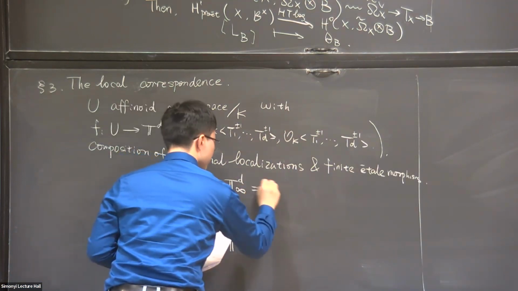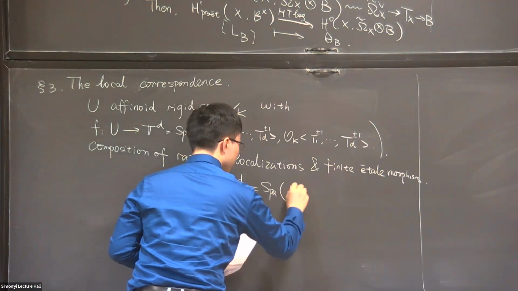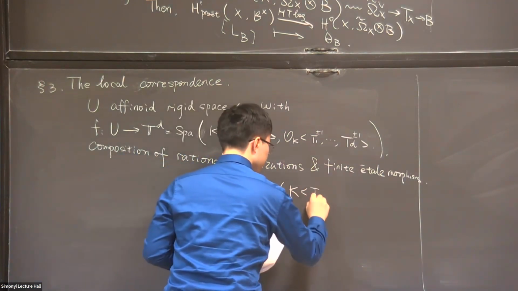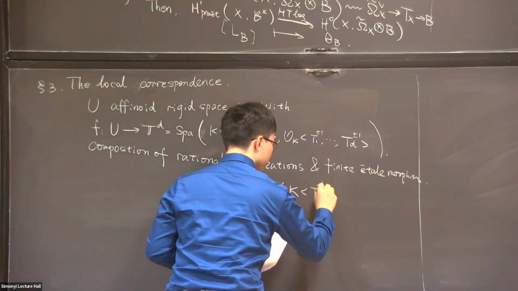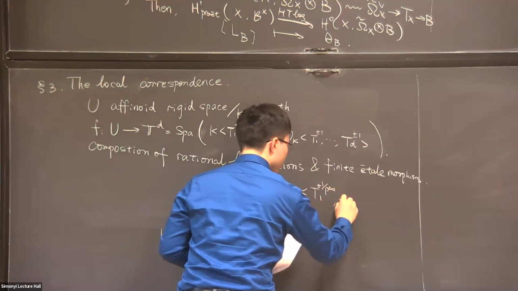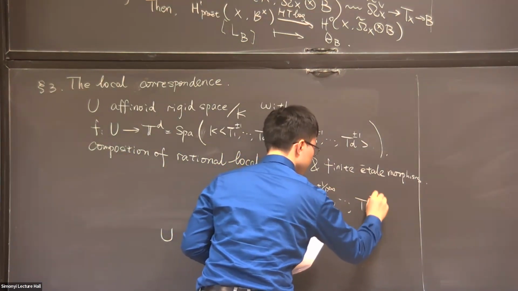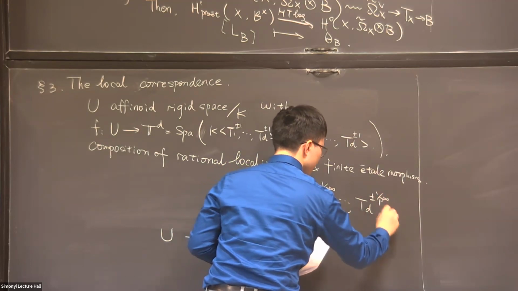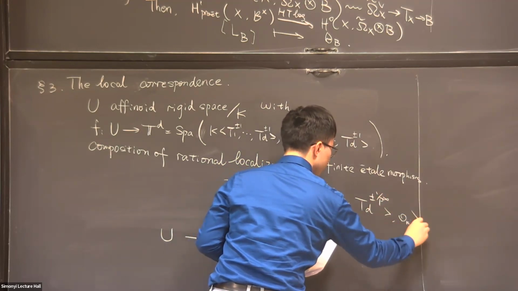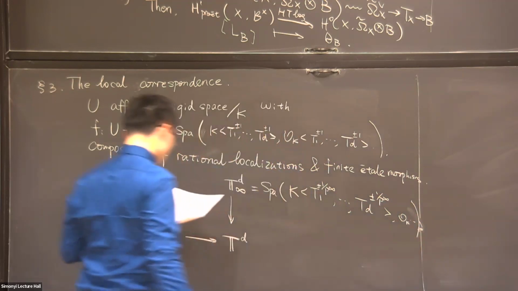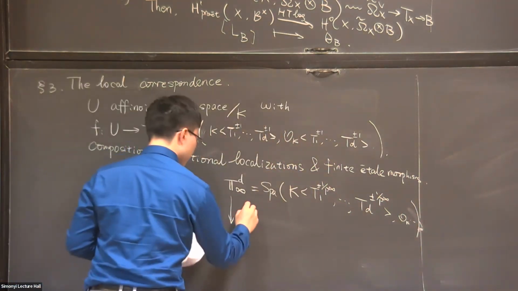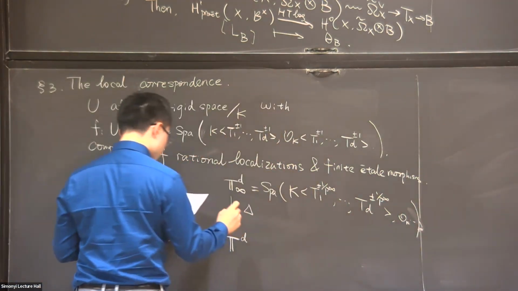Infinity, which is just the spar of K. You add all p-power roots to that. And similarly, you have OK here. So this will be a pro-étale Delta-torsor.